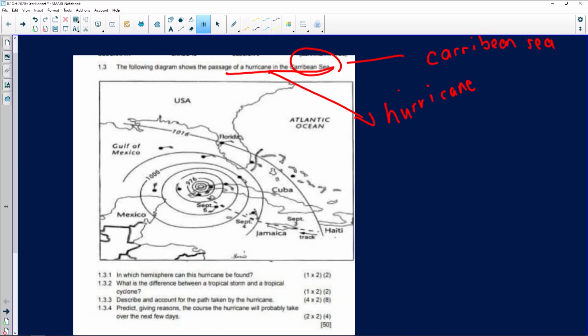what do we call tropical cyclones in the Northern Hemisphere? We call them different names depending on where we are. Hurricanes, we usually refer to in the Americas, for instance, North America.